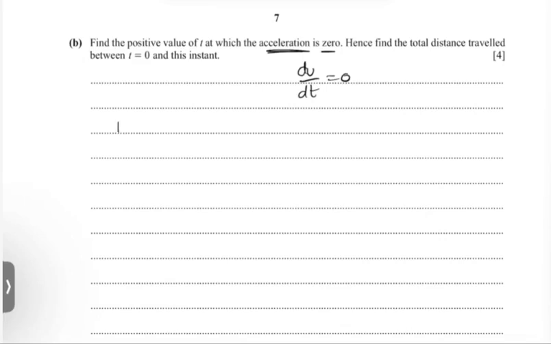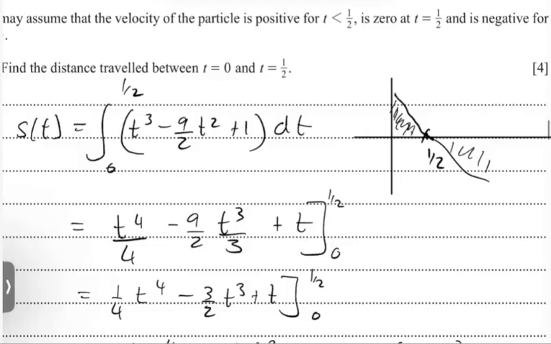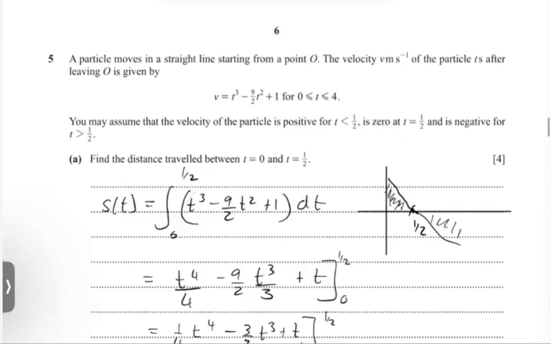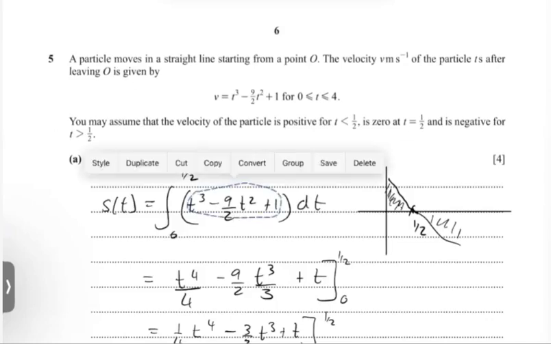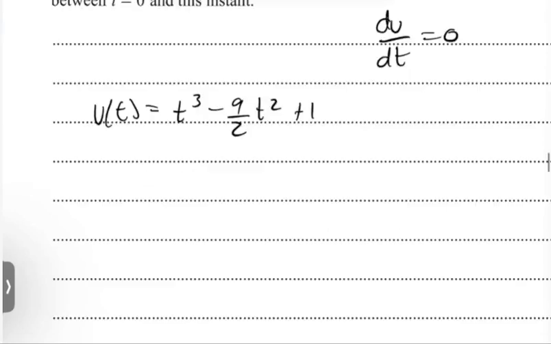Right, so we need our velocity time graph. I'm just going to copy this. We want to find where the acceleration is 0. So you must just think acceleration is change in velocity over change in time, and so therefore we are differentiating.